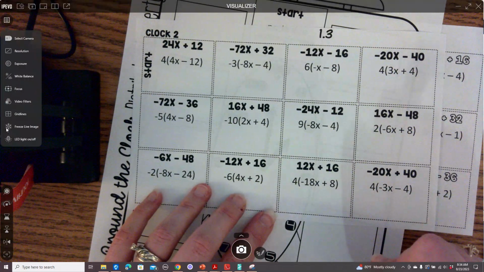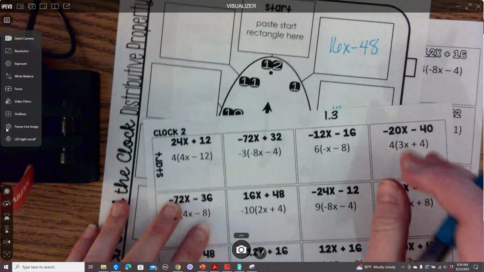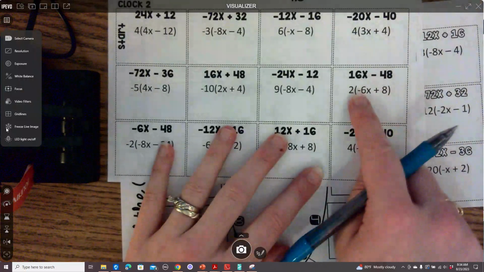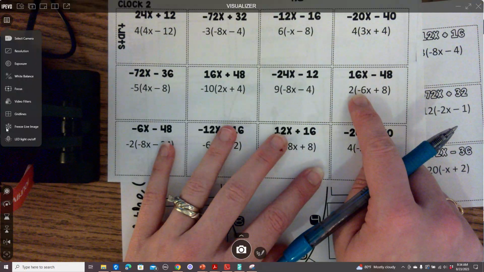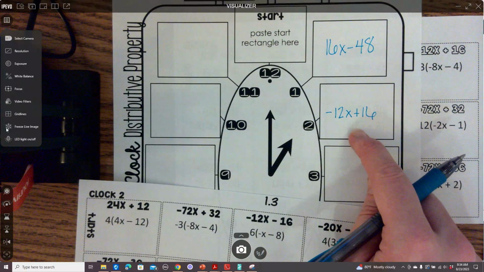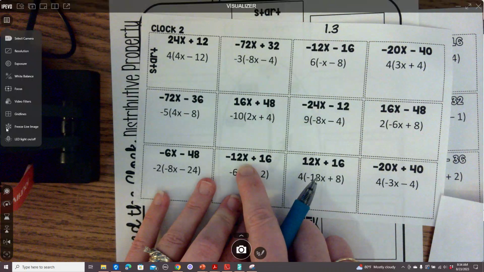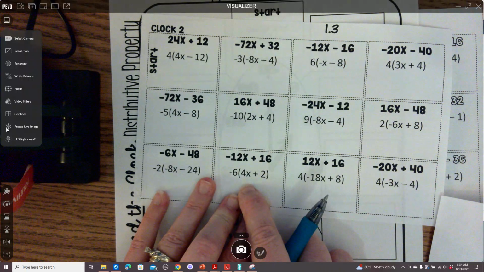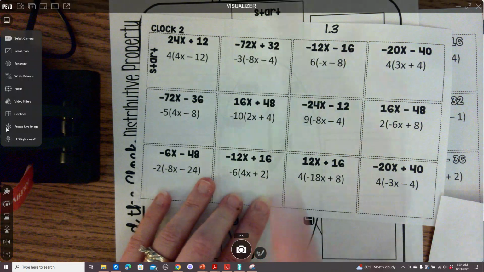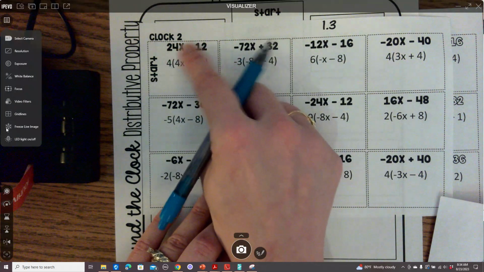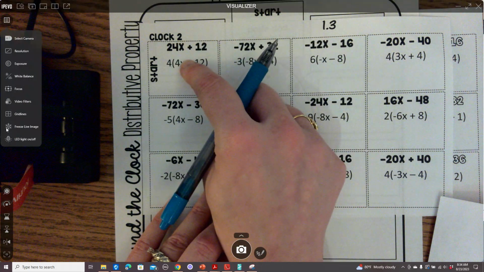You're not going to use them again. How do we know where to put them on the clock? They go in the next spot. So like I used this box and I got this answer. So then I would go to that answer and work this problem. And that's going to be the next. You should end this bold answer in the start box. That should be your final answer.